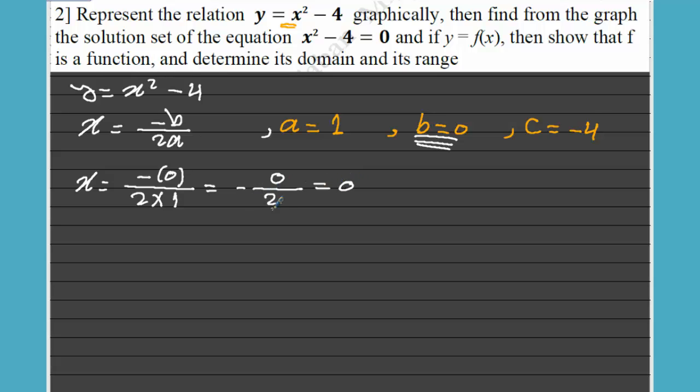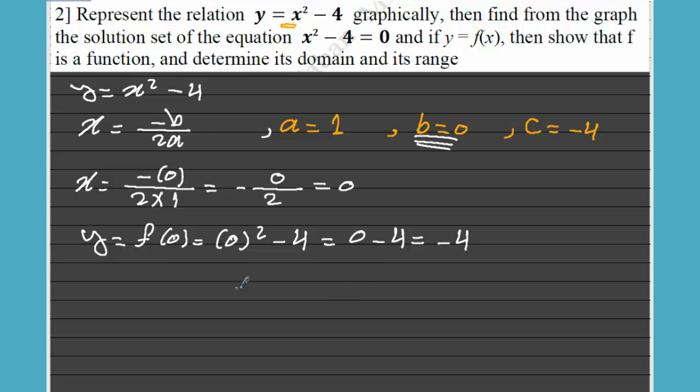So the x coordinate equals 0. Now the y coordinate equals f of 0. f of 0 equals 0 power 2 minus 4, which equals negative 4.